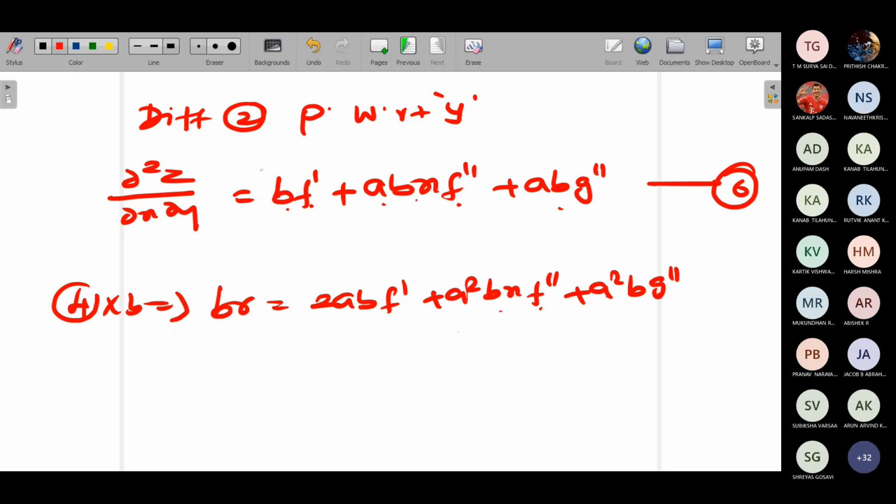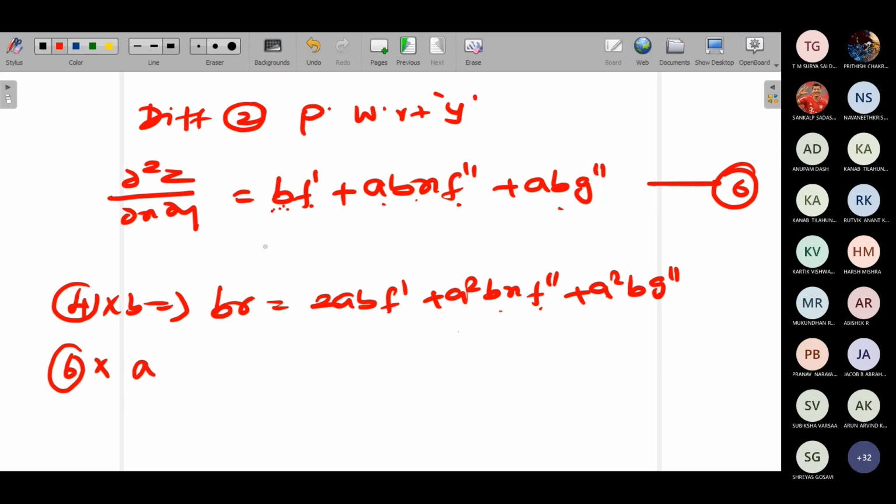So I can multiply this equation by a. Few terms will get cancelled. So I can multiply equation number 6 by a. What will happen when I multiply by a?